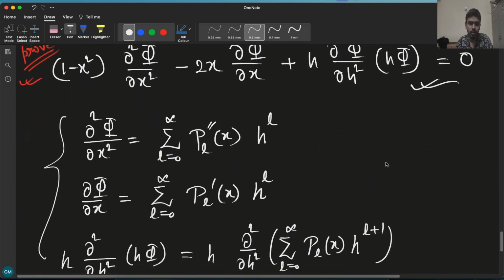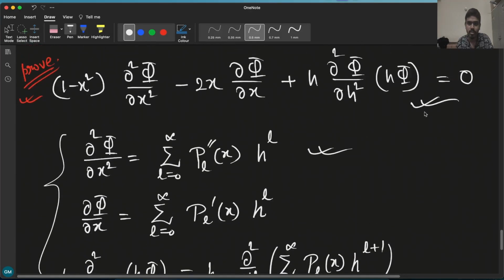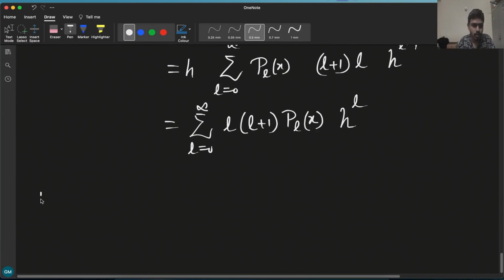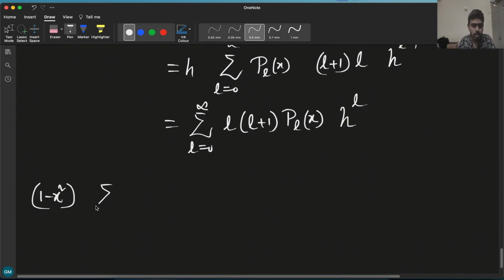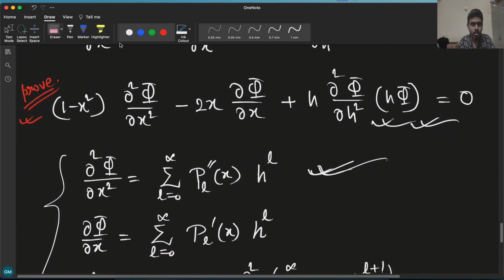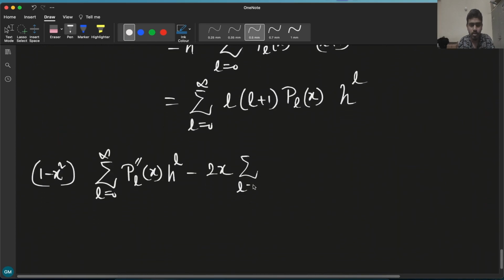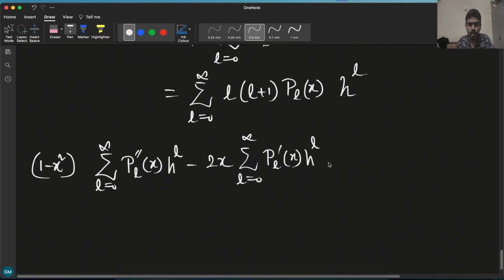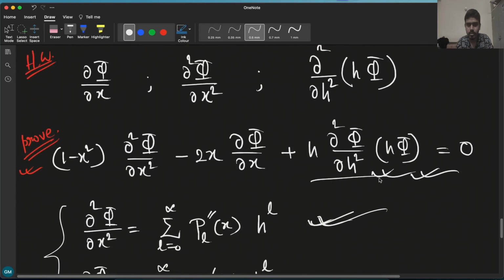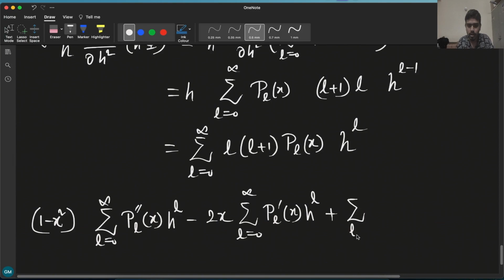So if we now put these calculated expressions in this expression, then what we will get is basically (1 minus x square) times del 2 phi del x2, which is the sum over L equals 0 to infinity of PL double dash x h to the power L, minus 2x times del phi del x, which is the sum over L equals 0 to infinity of PL dash x h to the power L, plus this, which we have also calculated, the sum over L equals 0 to infinity of L into (L plus 1) PL(x) h to the power L, equals 0. Okay. So now we will put them together.